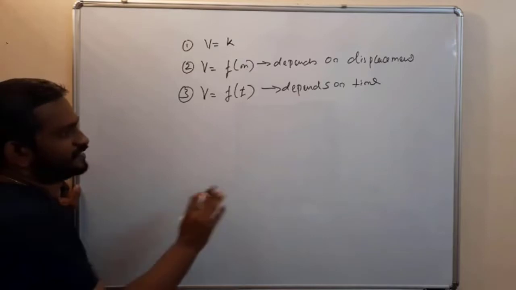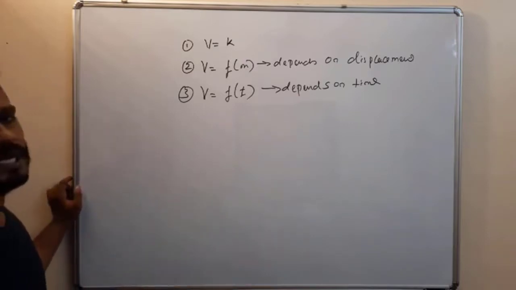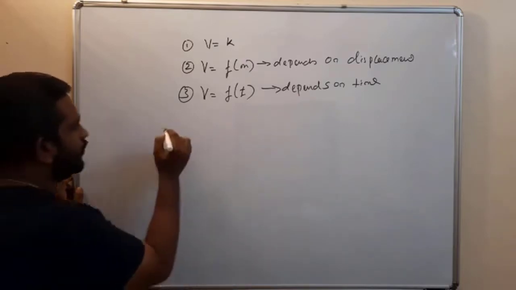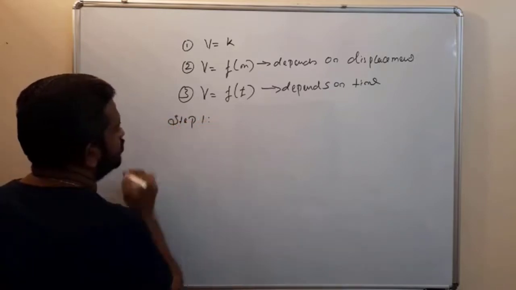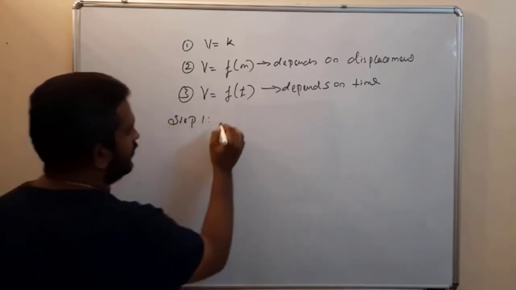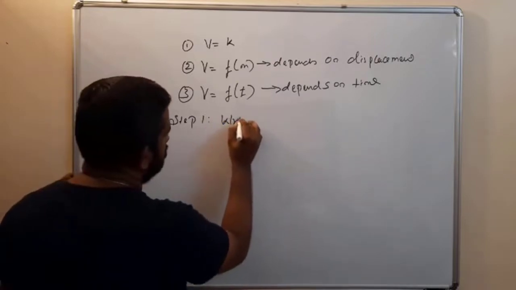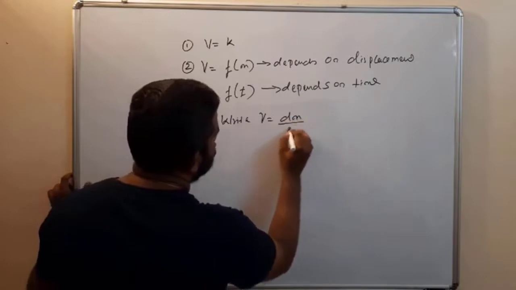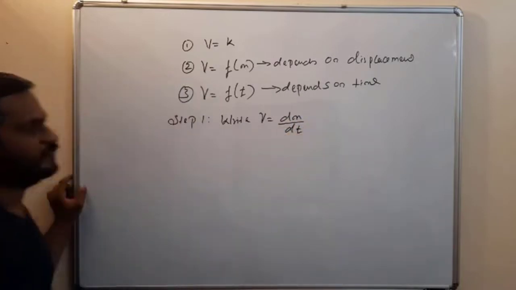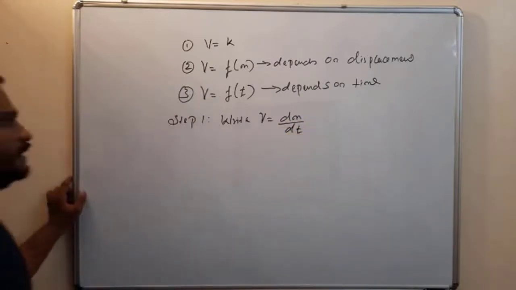The following steps are to be followed to find the displacement. Step 1: write v is equal to dx by dt.